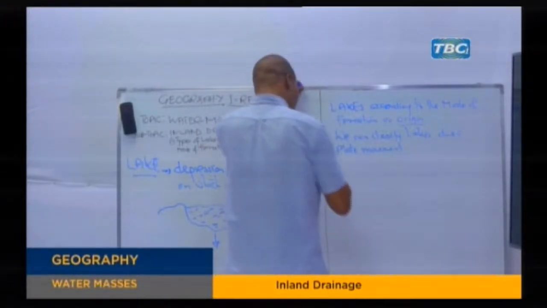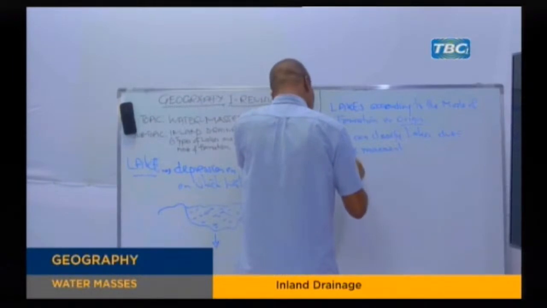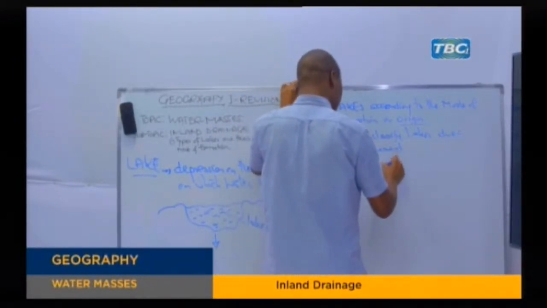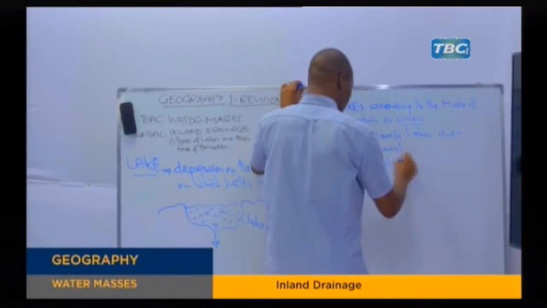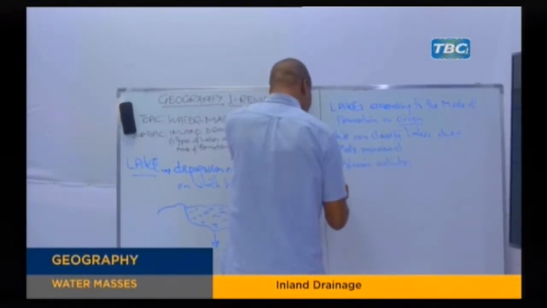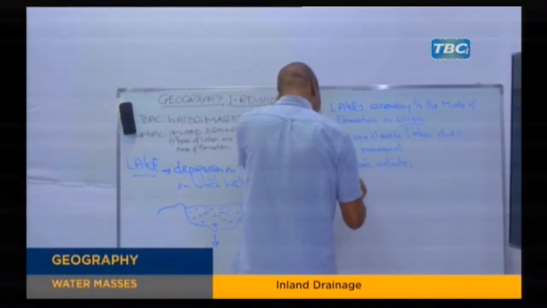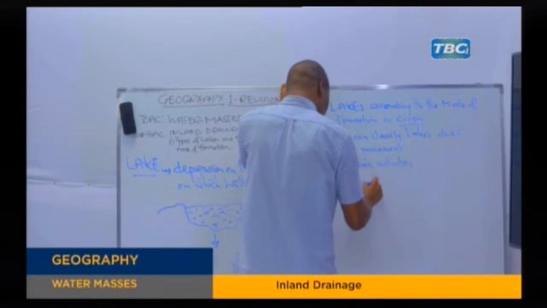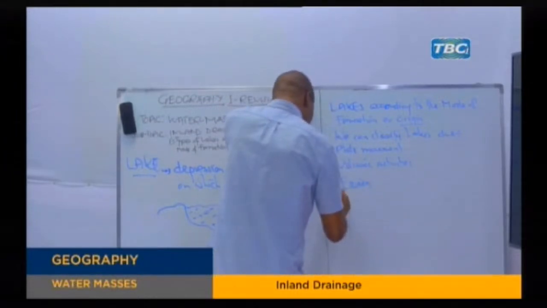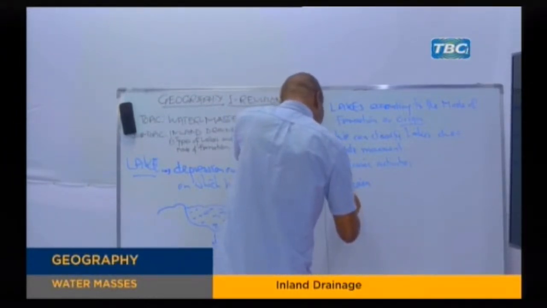We can classify lake according to volcanic activities. See, the second group of lake, we can classify lake according to erosion. And lastly, you can classify lake according to deposition.